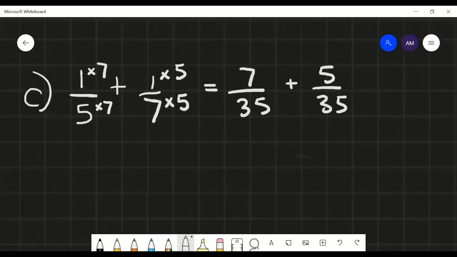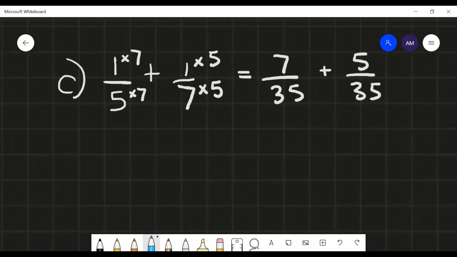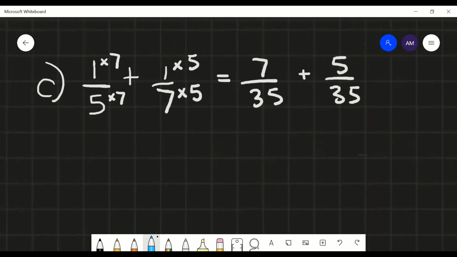The strategy I just showed you is great because every single time we'll see the same answer for the bottom numbers, the two denominators. And why did that happen? Well, that's because 5 times 7 and 7 times 5 are the same thing. The order does not matter when you multiply.